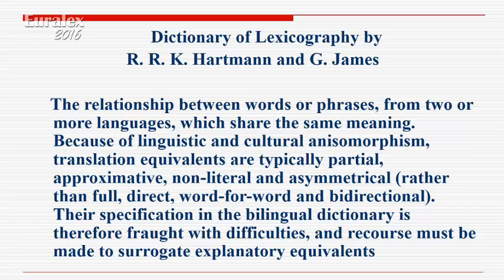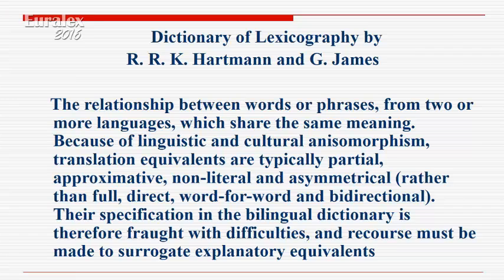This is my favorite definition of equivalence, linguistic equivalence, given in the Dictionary of Lexicography by Hartmann and James: The relationship between words or phrases from 2 or more languages which share the same meaning.